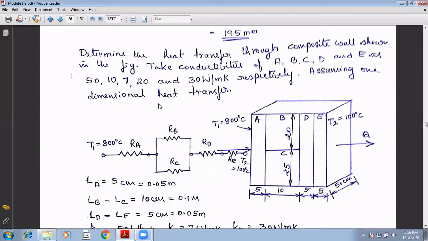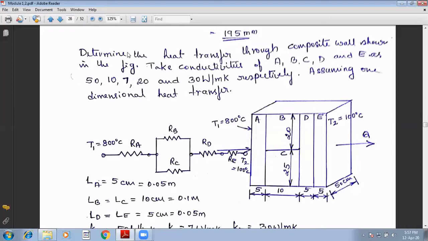This is the resistance diagram, so you can see RB and RC are in parallel. RD and RE again are in series. Now you need to get the equivalent resistance corresponding to this, that is 1 over R equivalent equals 1 by RB plus 1 upon RC.